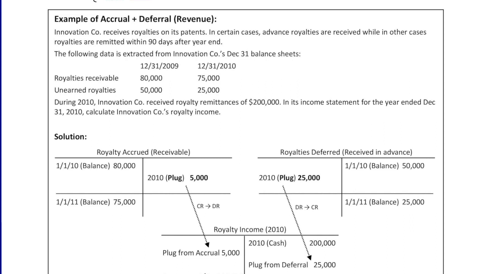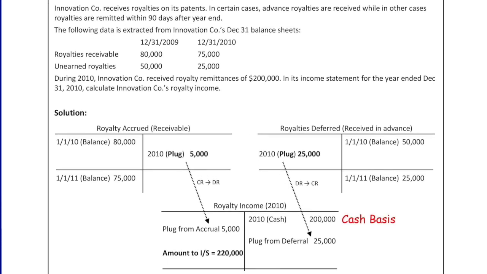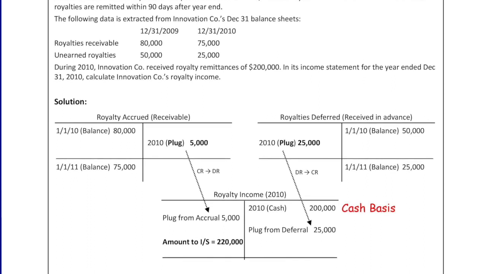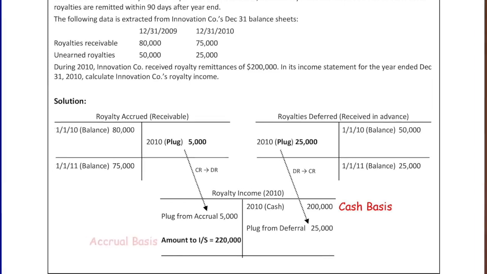So we had the cash basis number, the royalty received in cash during the year, $200,000. So right there, cash basis. Then we used plugs from deferral and accrual to calculate the amount which goes into the income statement, $220,000. And this is GAAP basis, or right, accrual basis.